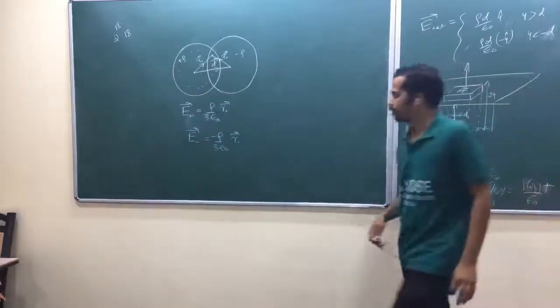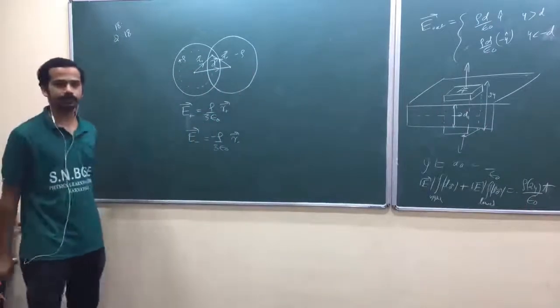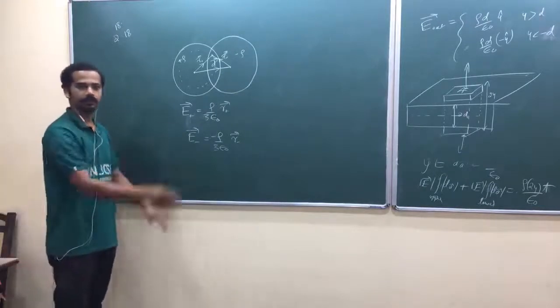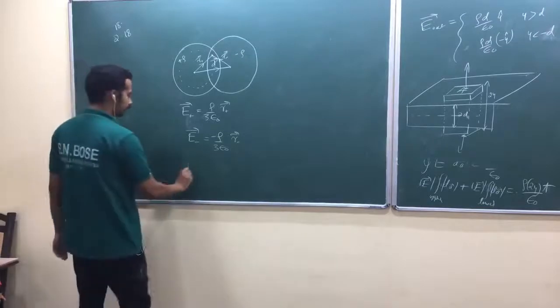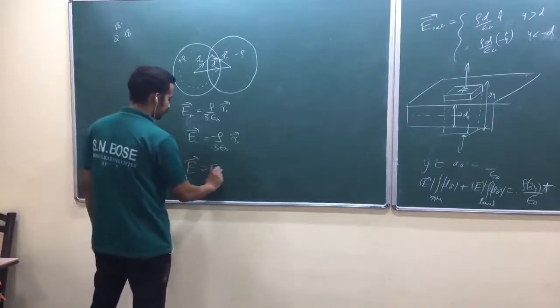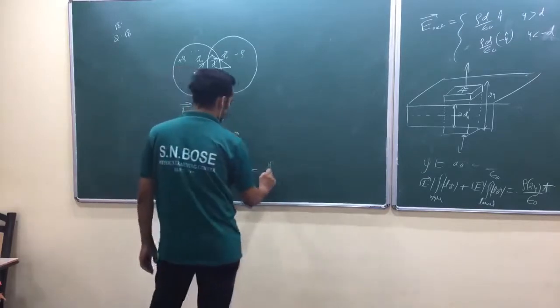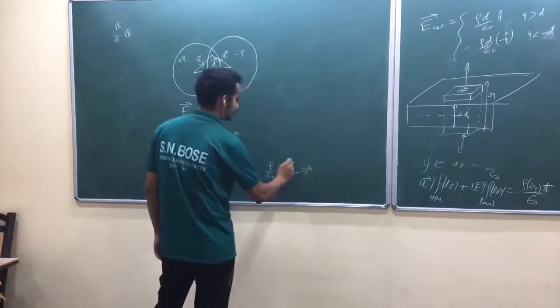Is that okay? And now what you have to do is vectorially add them. That's what our superposition principle says, am I right? At any point, you can take the electric field due to individual charge or individual charge distribution and you can vectorially add. So, net electric field is equal to E plus plus E minus, is that okay? Rho by 3 epsilon naught times R plus minus R minus.